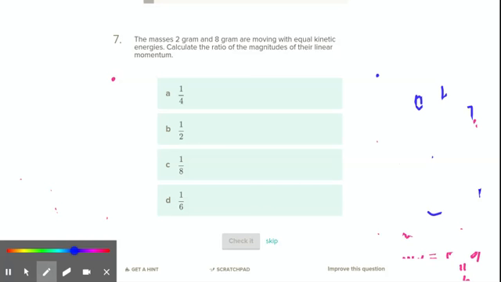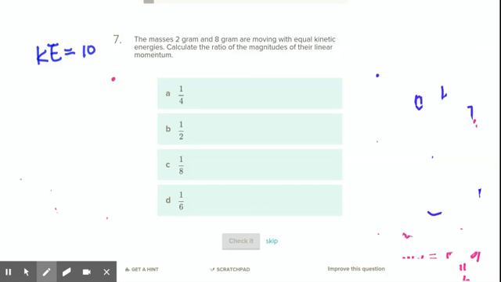So if they're moving at equal kinetic energy, let's just assume their kinetic energy is 10. Okay, I don't want to use a big number.